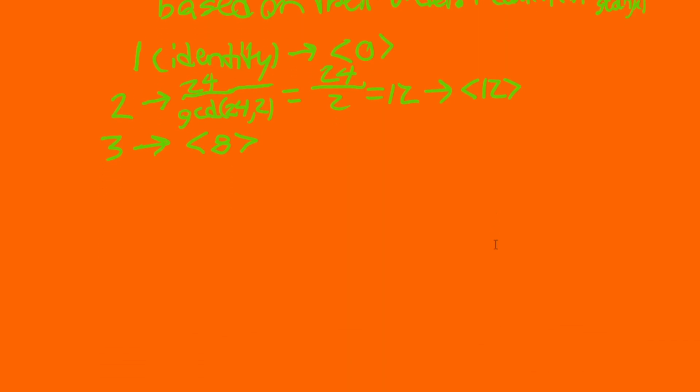So this will be cyclic group of 12. And then for the rest of these, I'll just write out what their subgroups are, because from seeing what we did with 2, I think you can understand how we figure out what these are. 6, 8, and then 12.